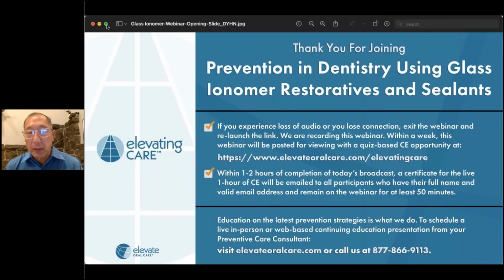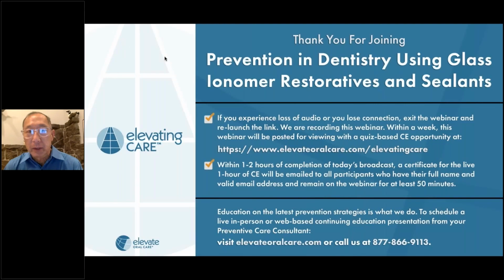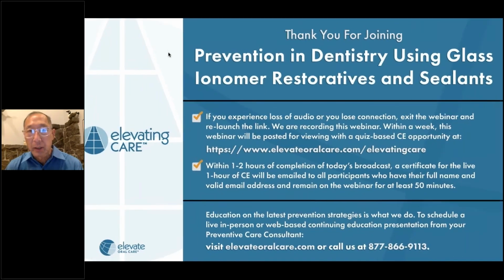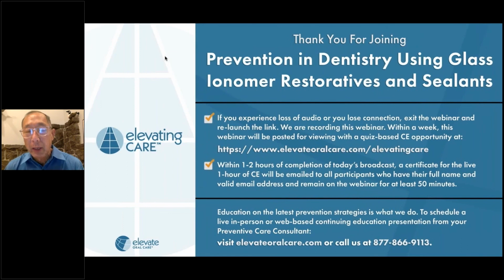Dr. Young, do you get the same results with resin modified glass ionomer as you do with glass ionomer? My pediatric colleagues use resin modified glass ionomer all the time because they need a command set with uncooperative children. I mostly work in adults, so I don't usually need a command set.